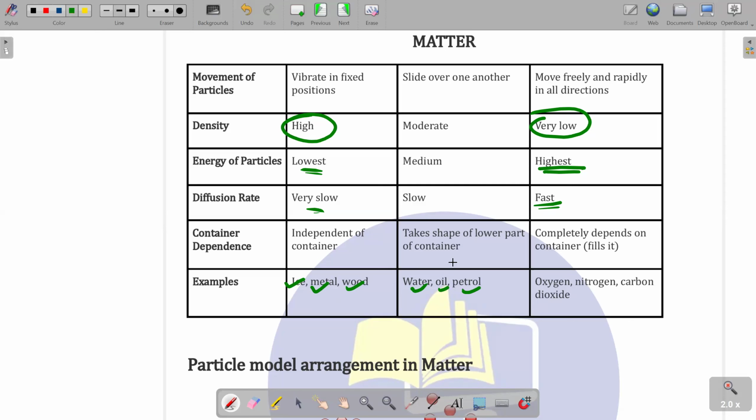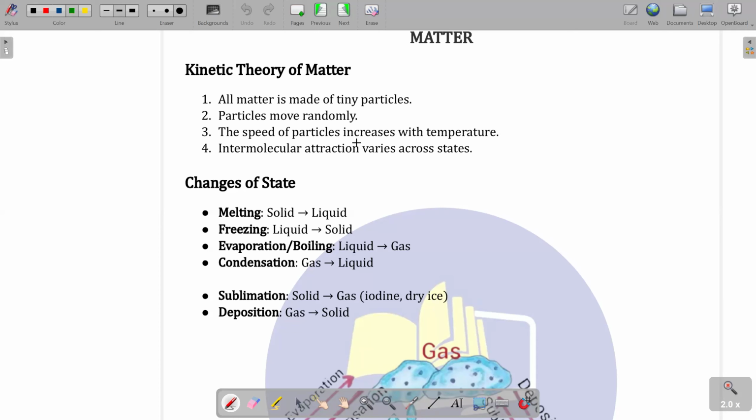So when asked about kinetic theory, first you have to identify that all matter is made up of tiny particles. These tiny particles are called atoms. And these particles move randomly. They are continually moving. Also, it is important to identify that the speed of these particles increases with temperature. That is, when temperature is elevated, the particles tend to move faster.